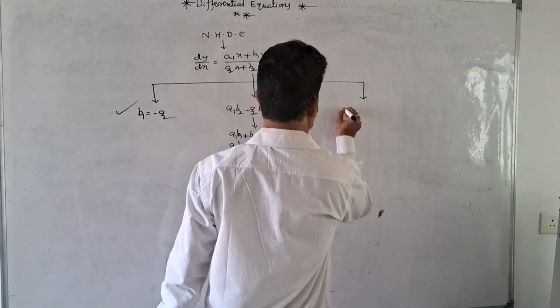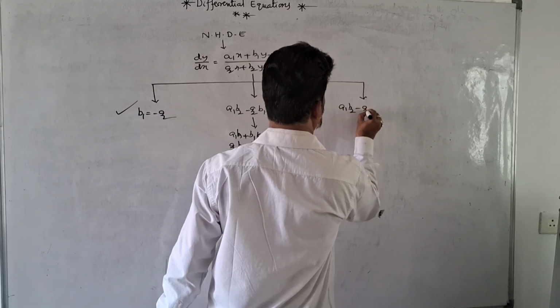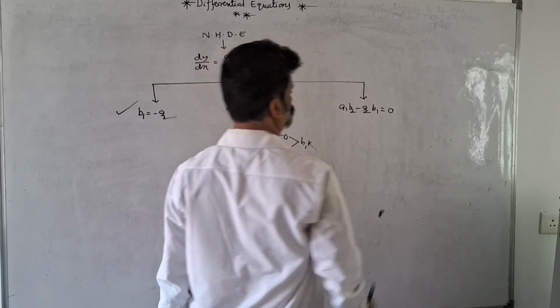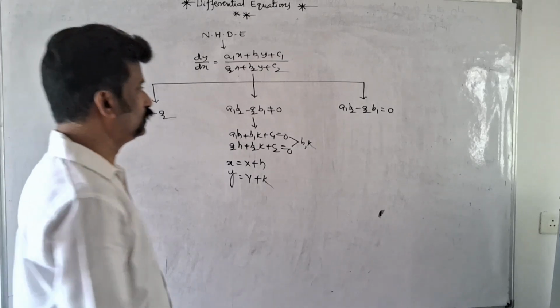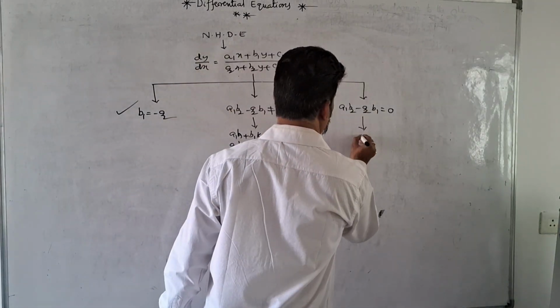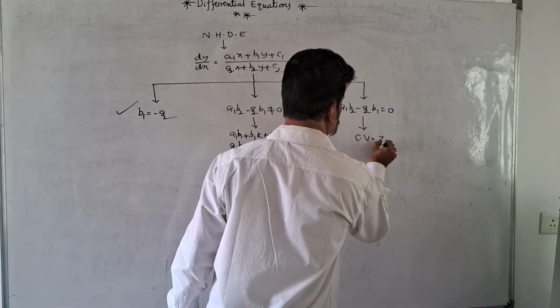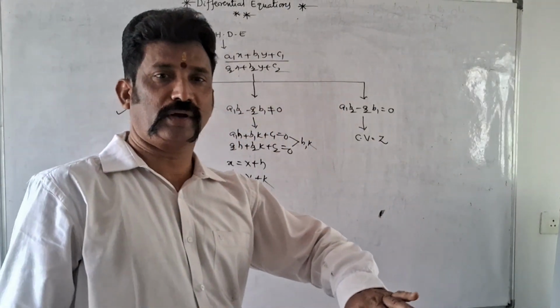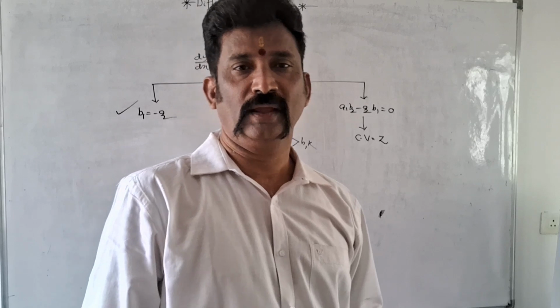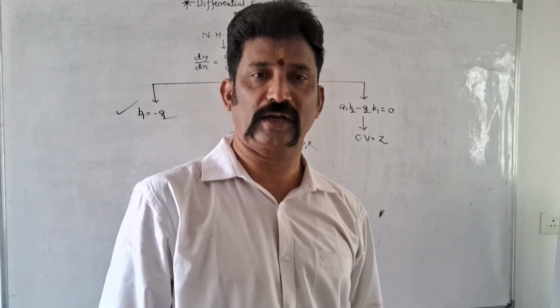Now what about the third model? a1 b2 minus a2 b1 is equal to 0. So this one has a common value in the numerator and denominator. Then apply cross multiplication and partial fractions.